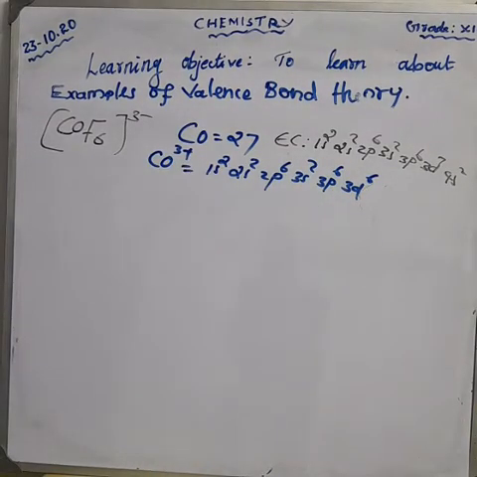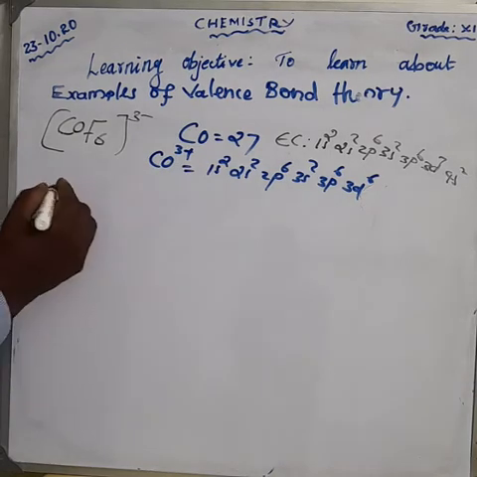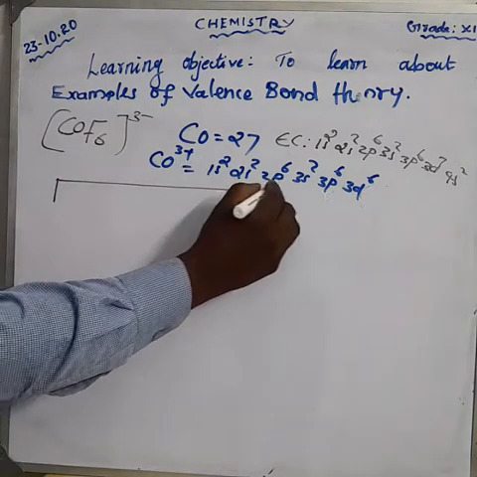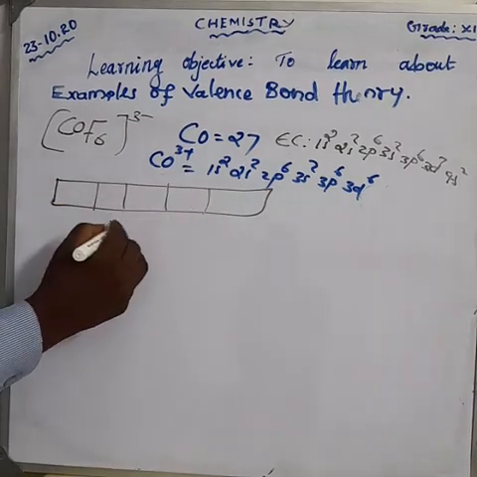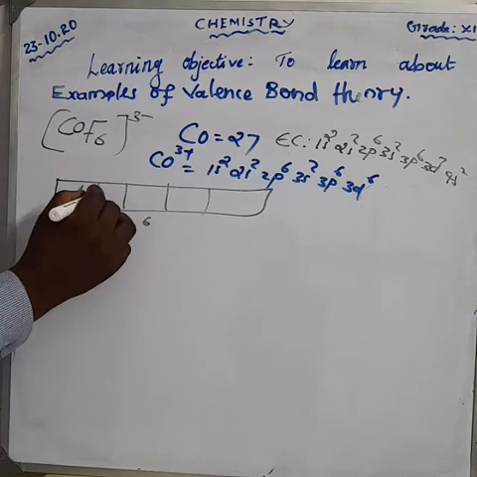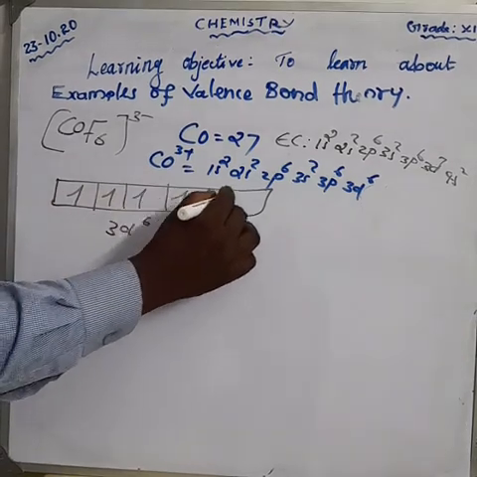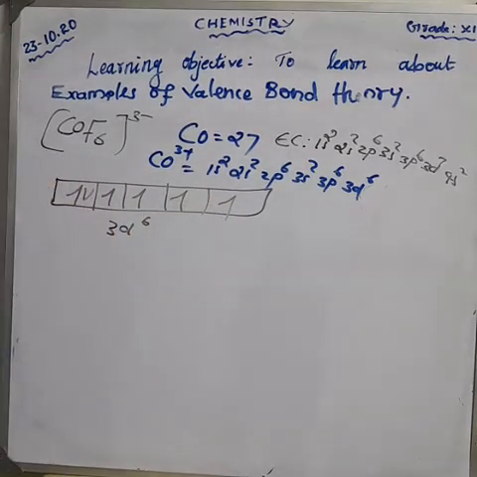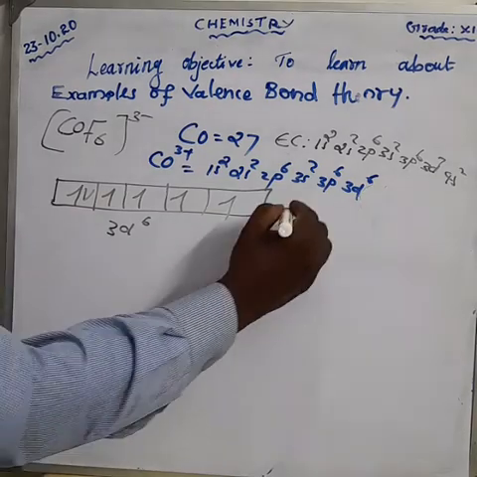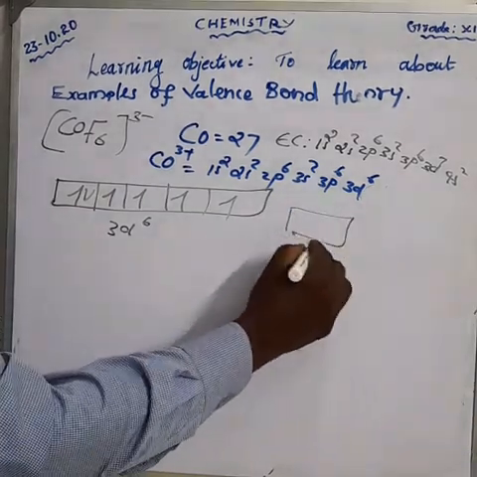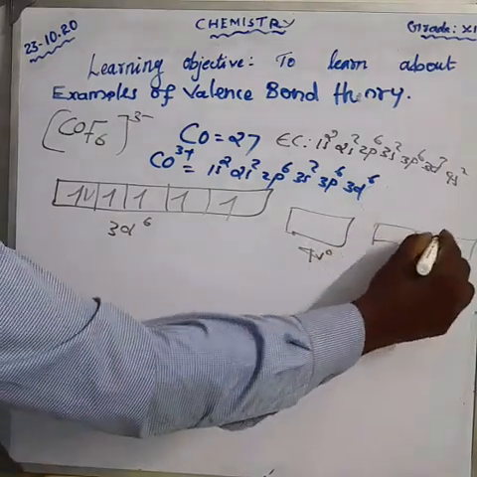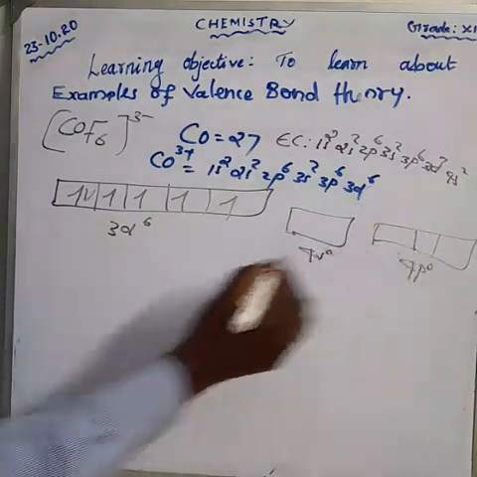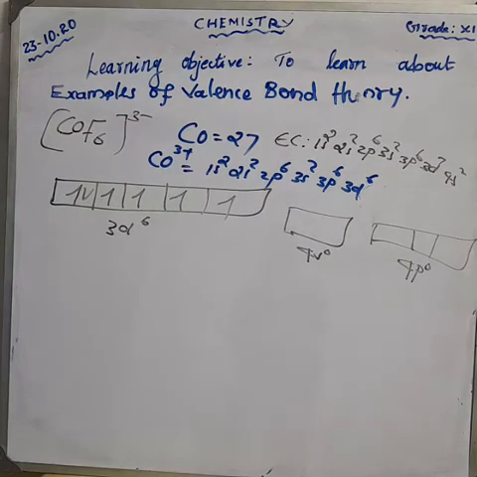Then, how will you draw the orbital diagram? 3d6 has 6 electrons. 4s has 0, and 4p also has no electrons.